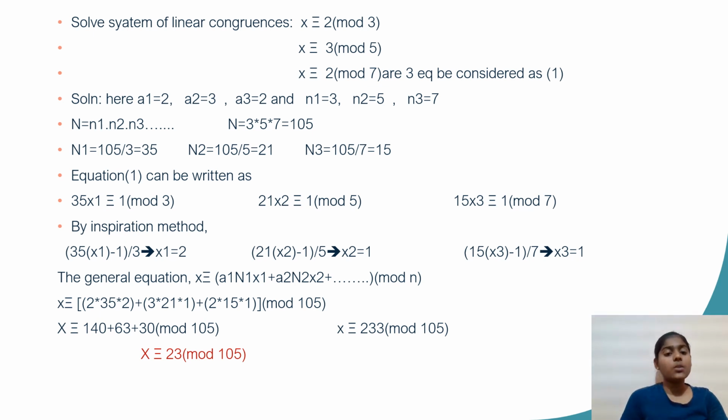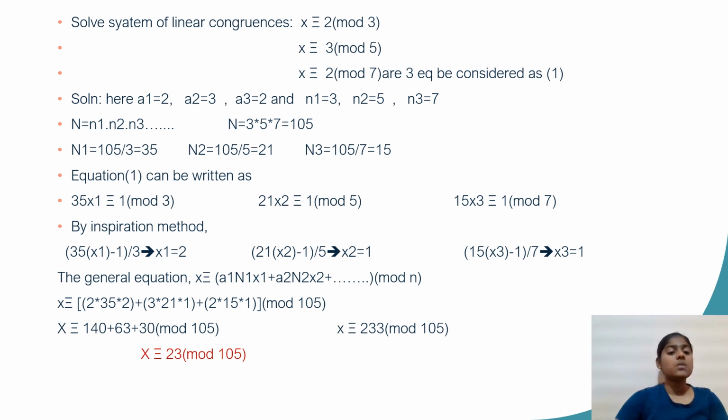Here a1 equals 2, a2 equals 3 and a3 equals 2, and n1 equals 3, n2 equals 5 and n3 equals 7, where capital N equals n1 into n2 into n3, which gives 3 into 5 into 7, which equals 105.